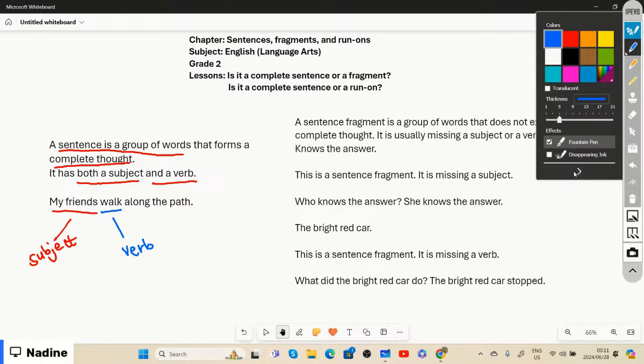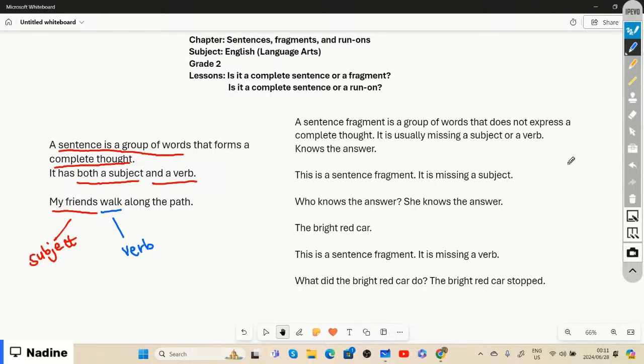And then we have a fragment. Before we go on to the fragment, let's look at our example sentence: my friends walk along the path. We said my friends is the subject, so that means it's the person or people doing the action. And the verb walk tells us what the people are doing.